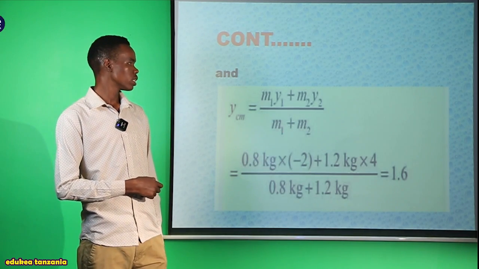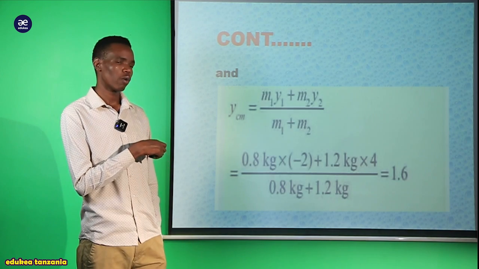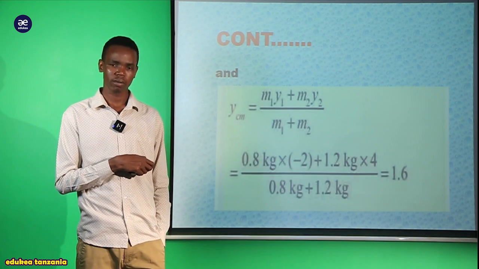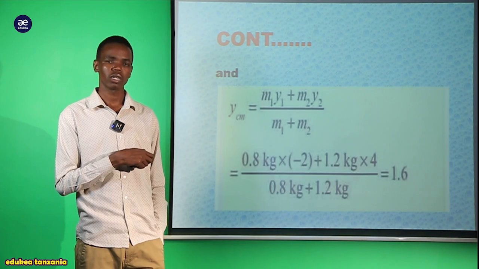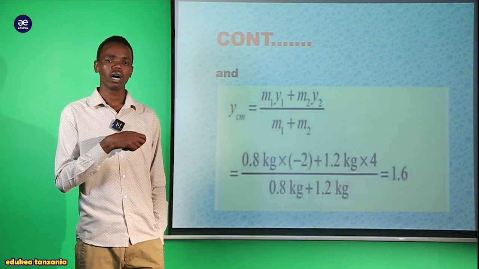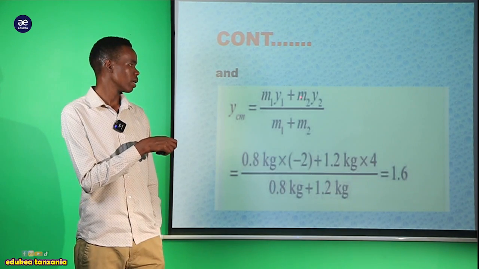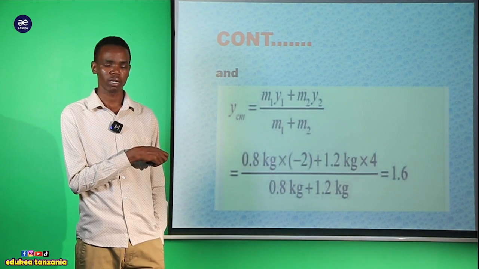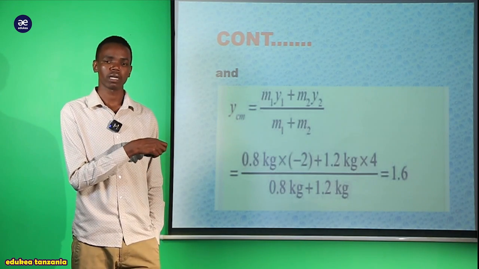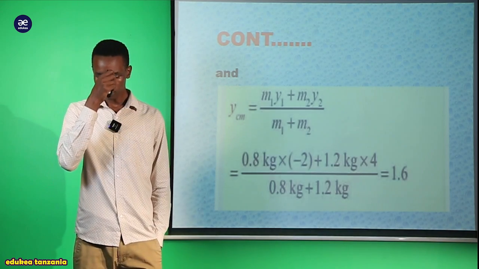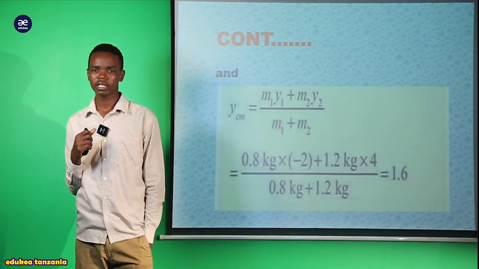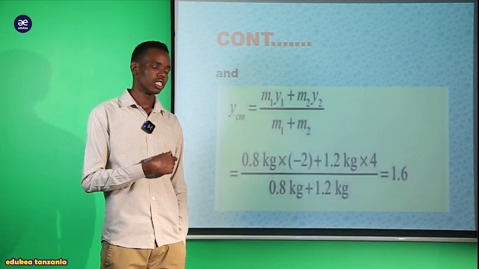Therefore, my dear student, our formula should be the center of mass along the y-axis must be equal to mass 1 times y1 added to mass 2 times y2, divided by the summation of the masses, it means mass 1 plus mass 2. So after this, we are supposed to substitute our given values into our formula.